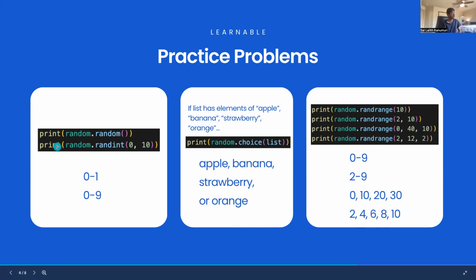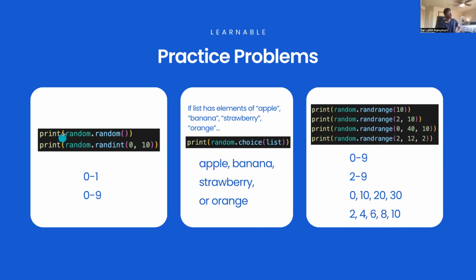Okay. So as we went over before, the random function gets a random number between 0 and 1, and then randint. Again, remember this. You may be tempted to think this is from 0 to 10, right? But the thing is, remember, the stop is stop plus 1. So I have to minus 1 from here.